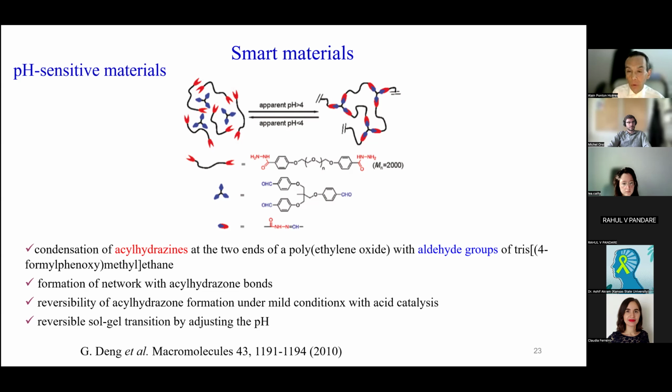And the main conclusion is that you can induce a reversible transition between a fluid state and a gel state. And I will show a picture here.